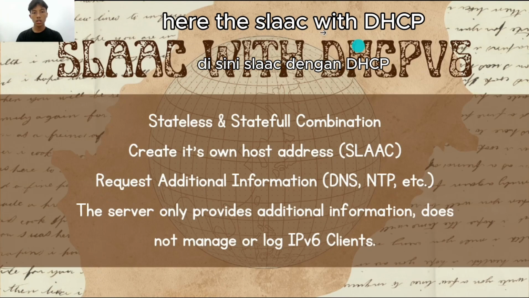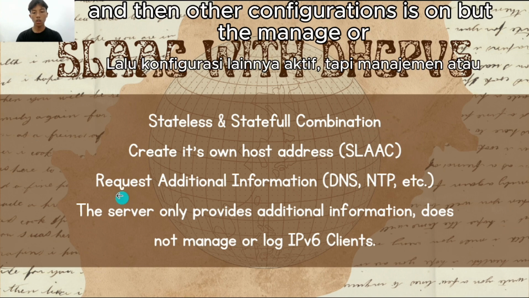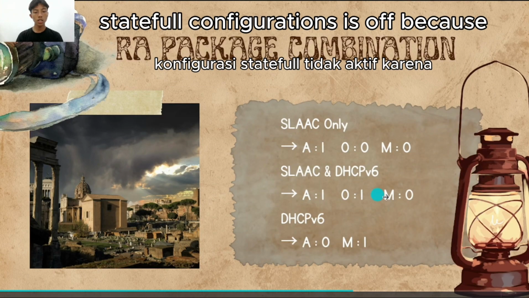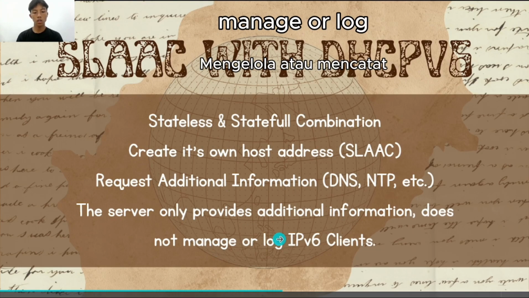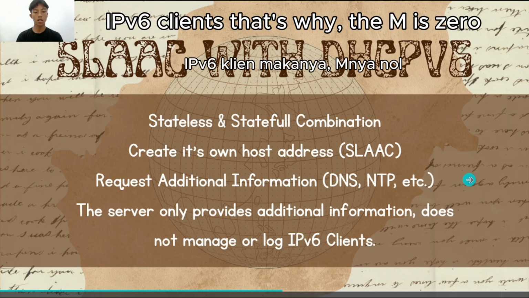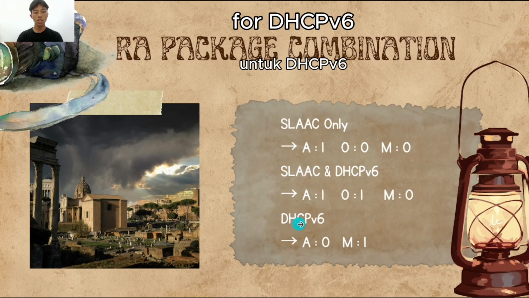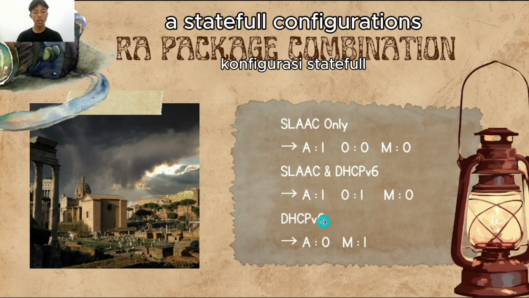Here, with SLAAC and DHCP, SLAAC is on and other configurations are on, but the managed or stateful configuration is off because it doesn't manage or log IPv6 clients. That's why the M is 0. For DHCP version 6, M is 1 and O is 0 because DHCP version 6 is a stateful configuration.